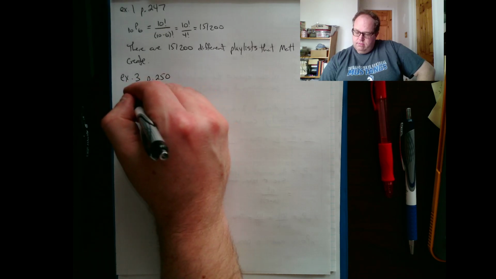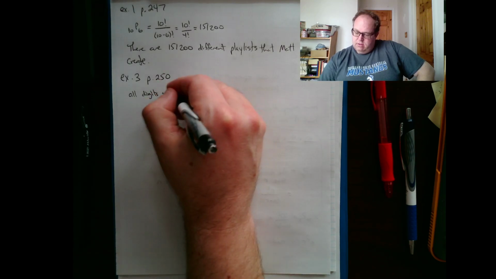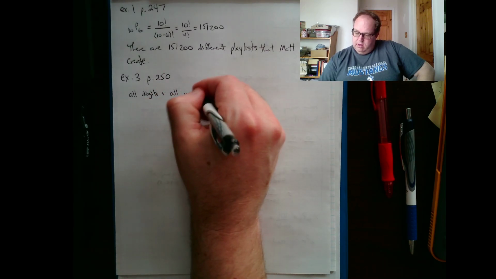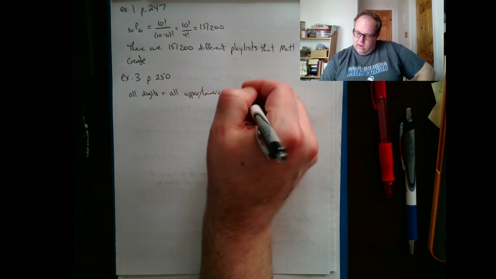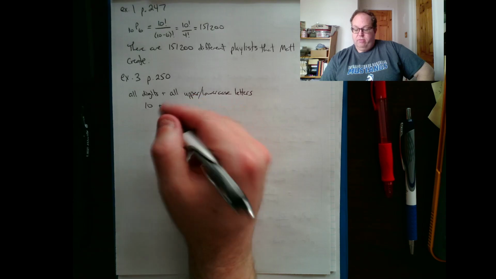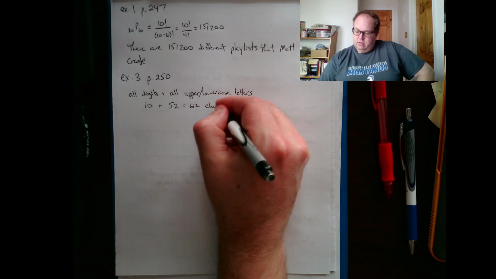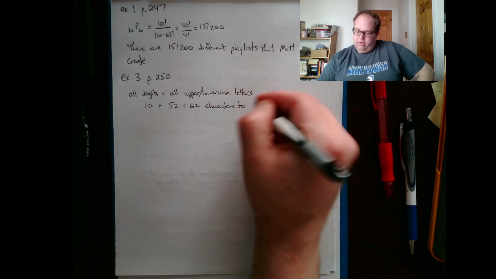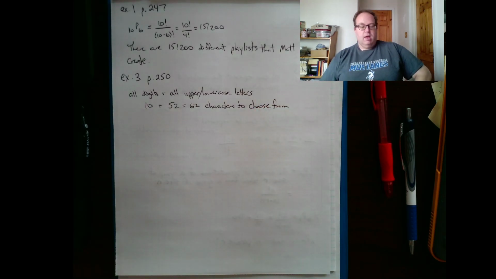So, all digits plus all upper and lowercase letters, that's 10 digits plus 26 letters in the alphabet doubled, 52, 62 characters to choose from. But now you can have 5-character password, 6-character password, or 7-character password.